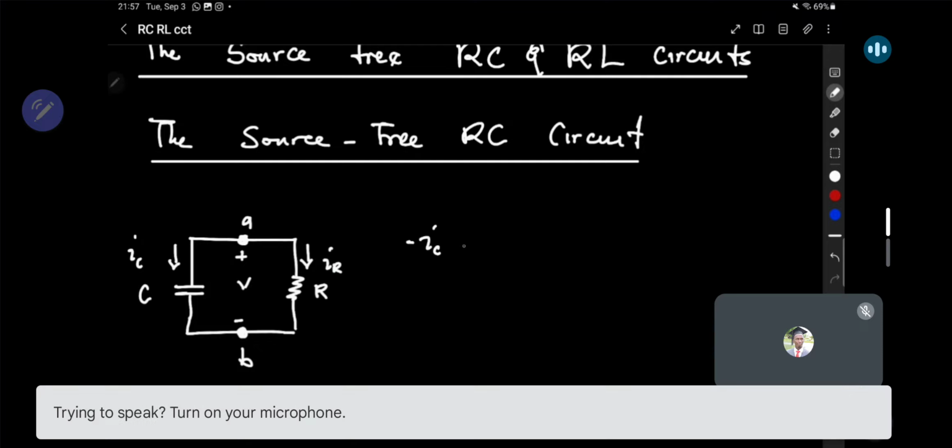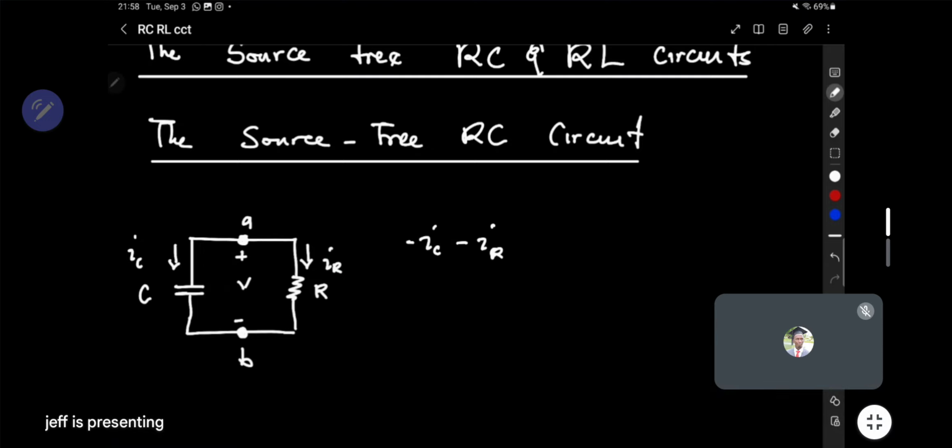IR is also leaving, so negative IR, I mean. Since you only have the two, this must equal 0. Or you can look at this as IC plus IR equals 0.